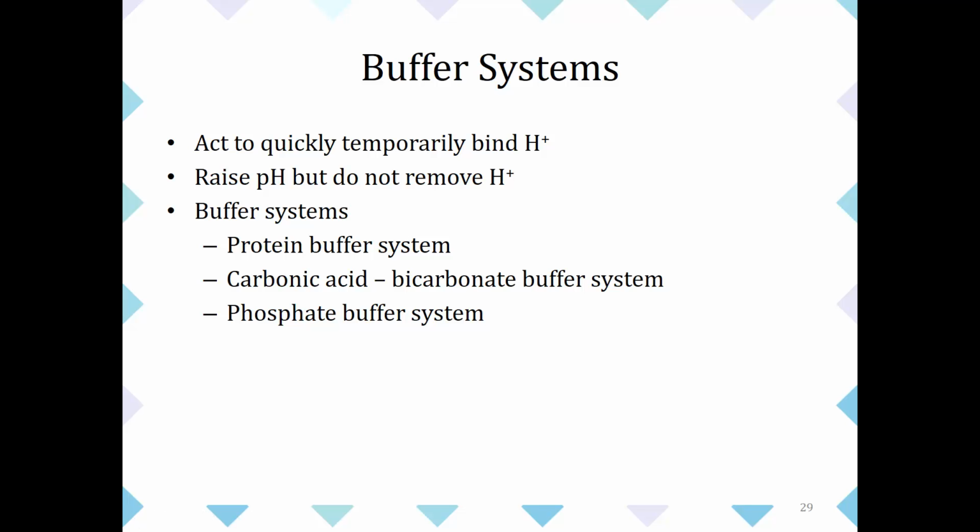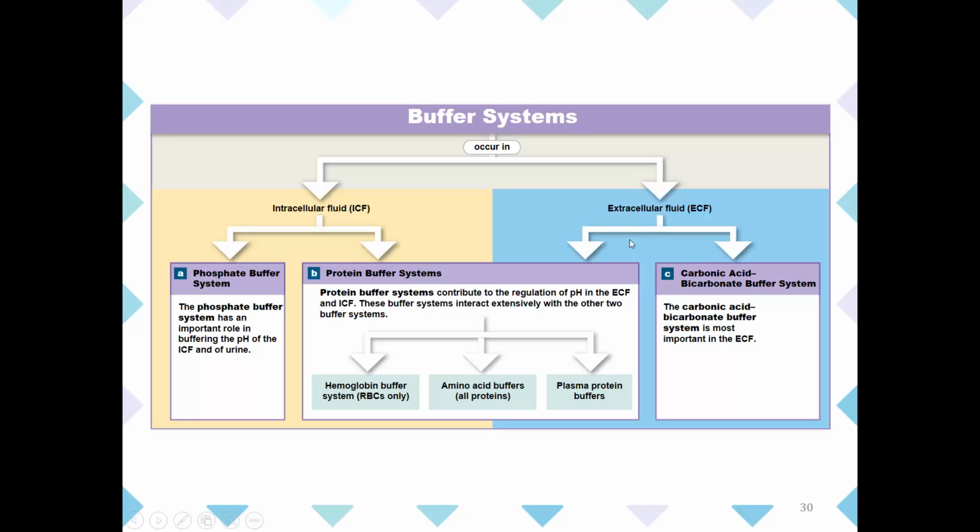So we talked a little bit about buffer systems in Bio 137, particularly that protein one. Now we're going to talk mostly about this carbonic acid bicarbonate buffer system. The protein buffer system can function in the intracellular fluid inside the cell as well as in blood plasma.